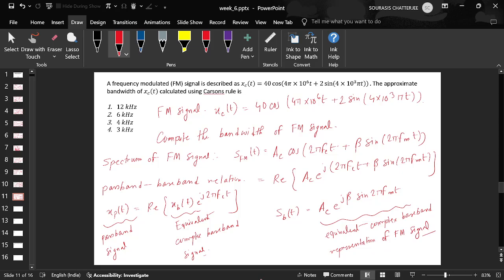That's the main part. You can see here, this term is periodic with fundamental period 1 over fm, right?